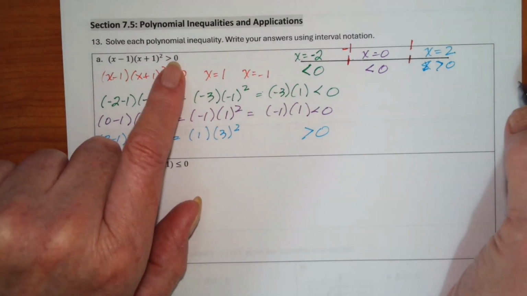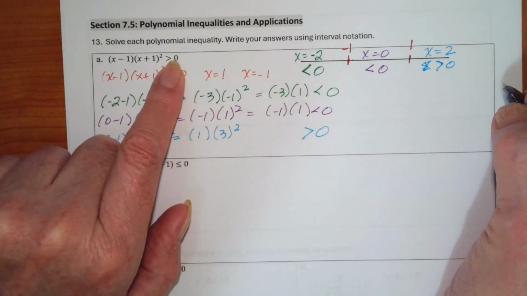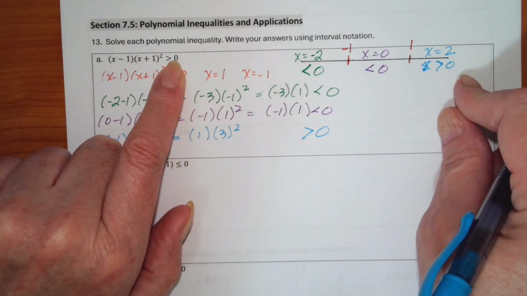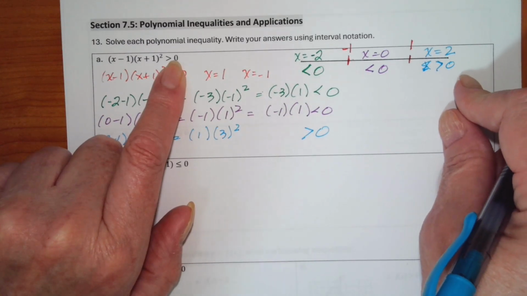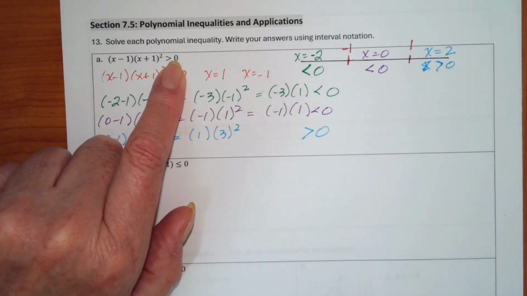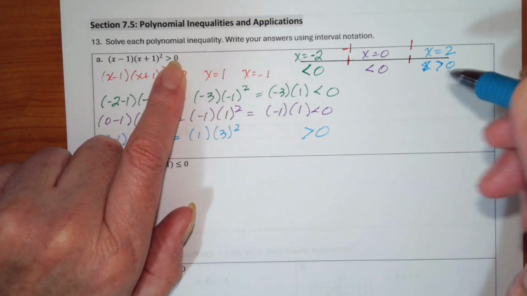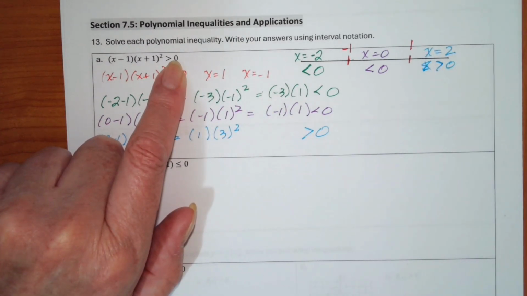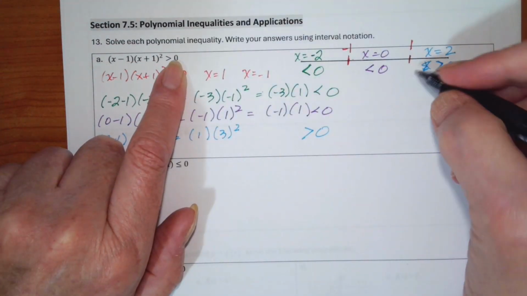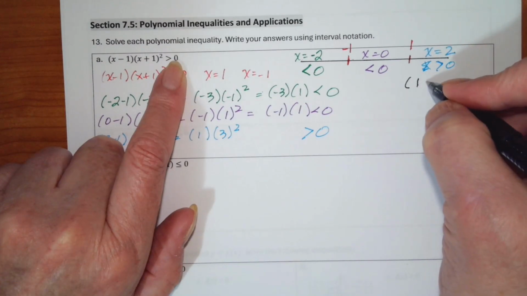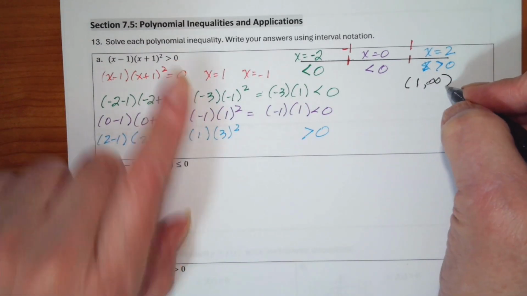All right, so when it's strictly greater than 0, all I need to know is which region it is greater than 0. So here, my solution becomes everything from 1 to infinity.